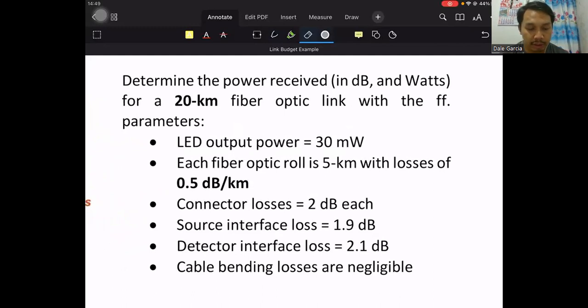Each fiber optic roll is 5 kilometers with a loss of 0.5 dB per kilometer. If you remember, you can see this in the specification sheet, usually the first thing seen in the specs of a fiber optic cable. Connector losses, source interface loss, detector interface loss, and cable bending losses are negligible.